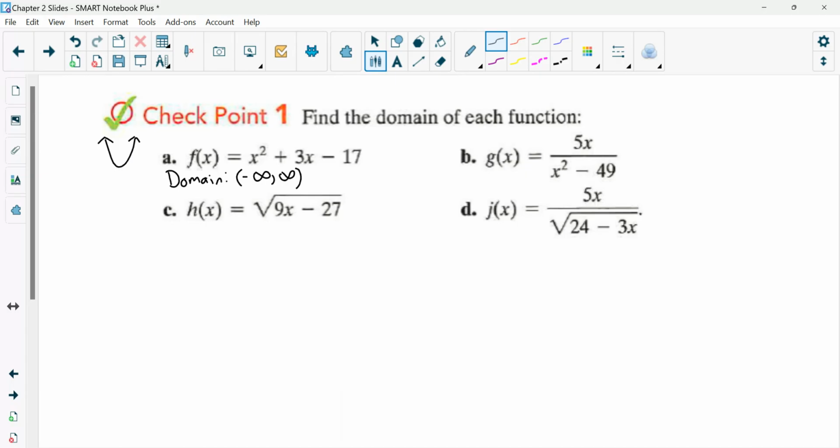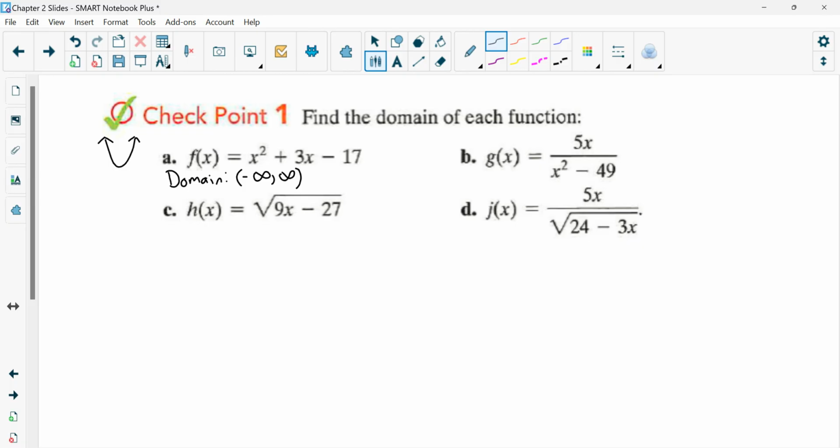You can also think to yourself, is there any number that I cannot plug in here that wouldn't work? Well, no, you can square every number, and you can multiply every number by 3, so there are no restrictions on what you can plug in for x. So a is just negative infinity to infinity.